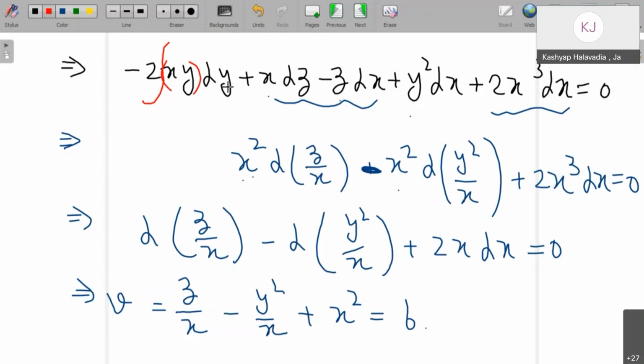See, if instead of this dy I have dou y, a partial integration with respect to y, then that is okay. But this is a total integration with respect to y, and that is a partial integration with respect to y. It is not partial integration here, it is a total integration.